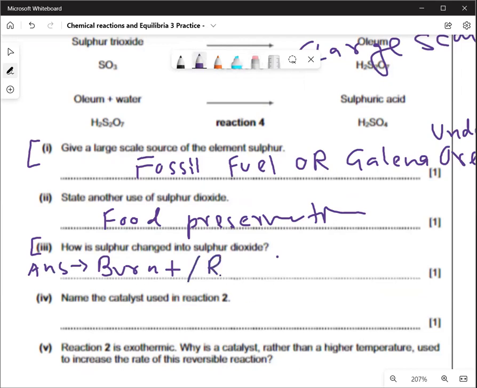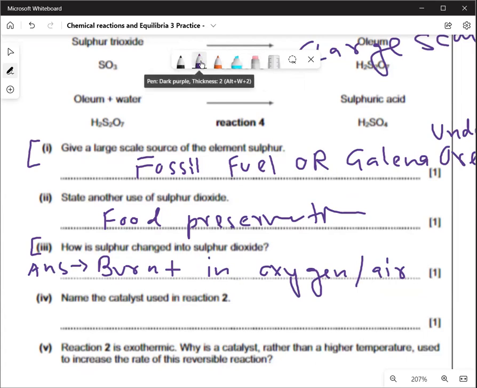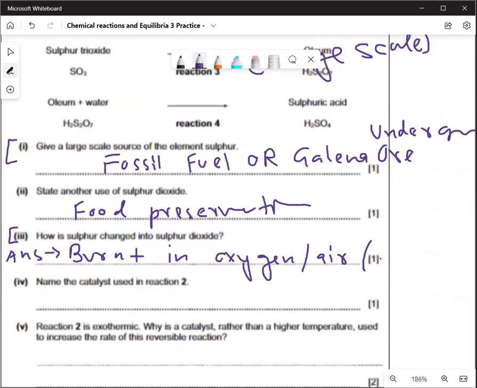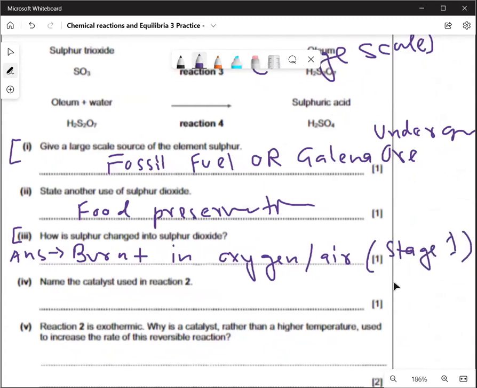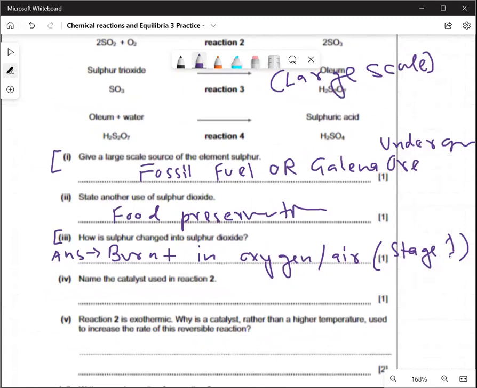Burnt, or don't say roasted, just say burnt in oxygen / air. Now this is again in bracket, right? Stage one. Stage one of what? Contact process. Okay, now write it.